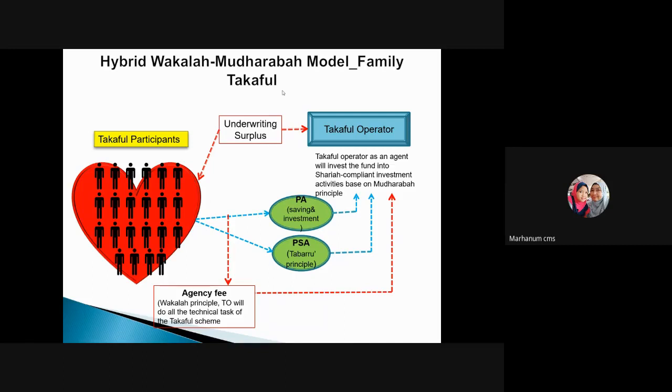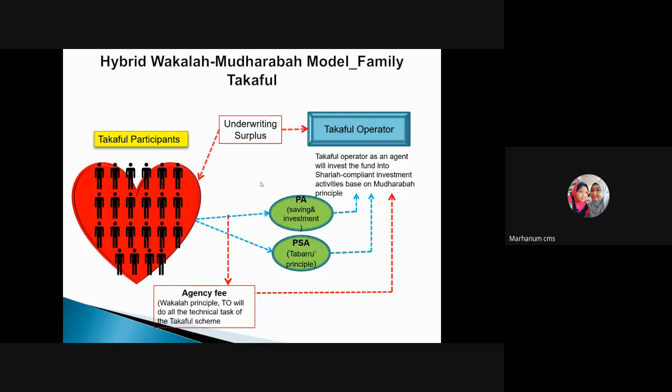Maybe after this you can just open their website and read what types of model they adopt. Based on my limited knowledge, I observed that most of them disclose that they are practicing the wakalah model. Why? Because if let's say they adopt wakalah and mudarabah, they need to disclose the profit sharing ratio to the participants.